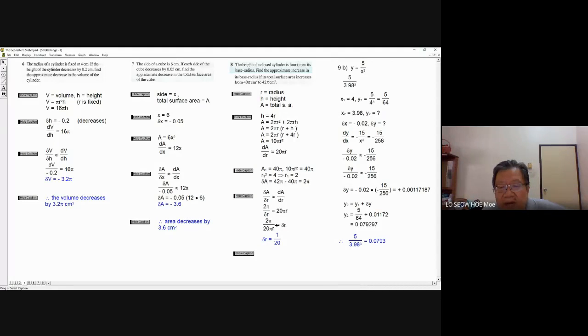So delta R is 2 pi over 20 pi R. The R, you put 2 inside. So you get delta R equals to 1 over 20. And the radius increases by 1 over 20 because it's a positive value. So I write down radius increases by 1 over 20 centimeter.